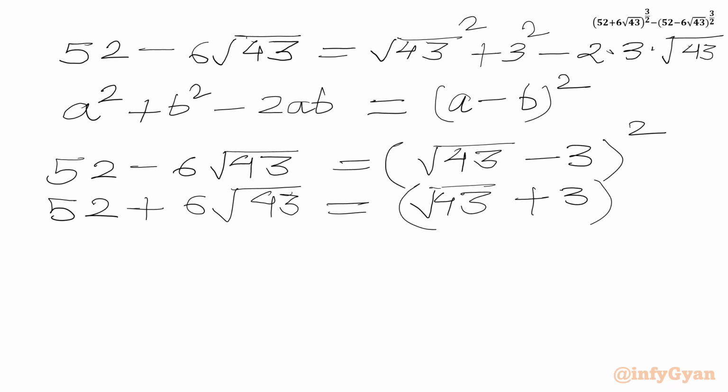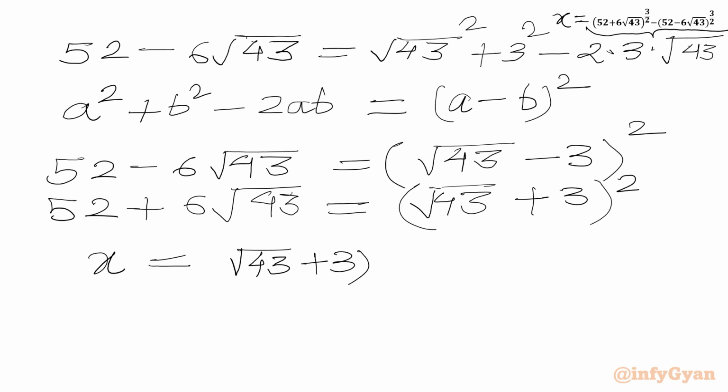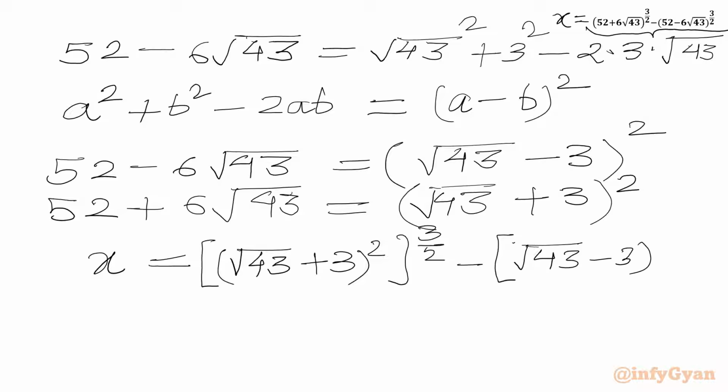So x will be equal to (√43 + 3) whole square, and then we will put power 3 over 2, minus (√43 − 3) whole square with exponent 3 over 2.